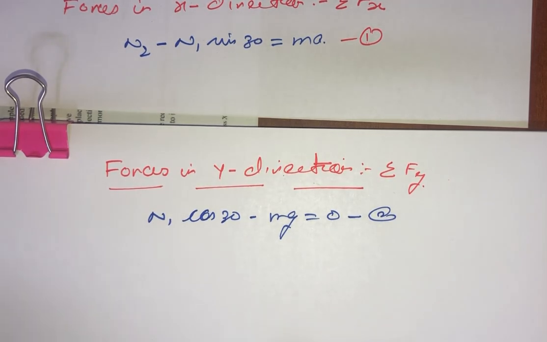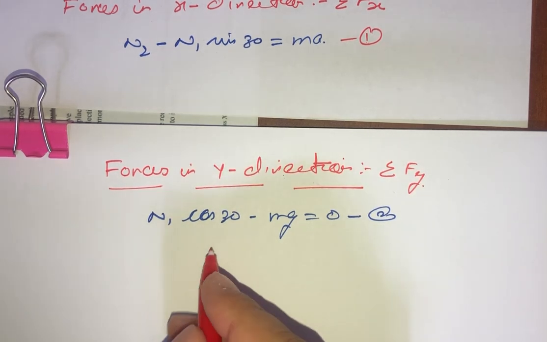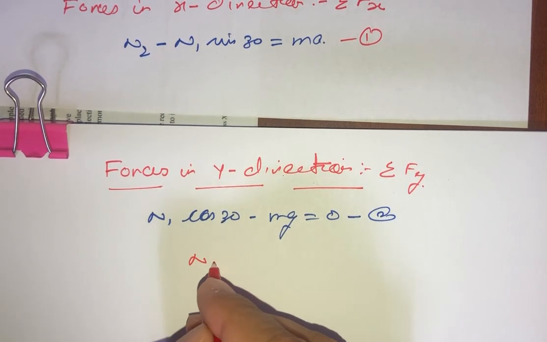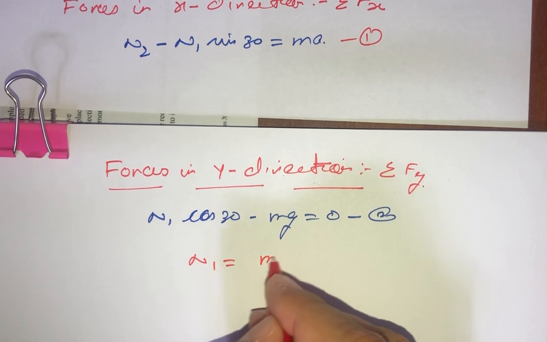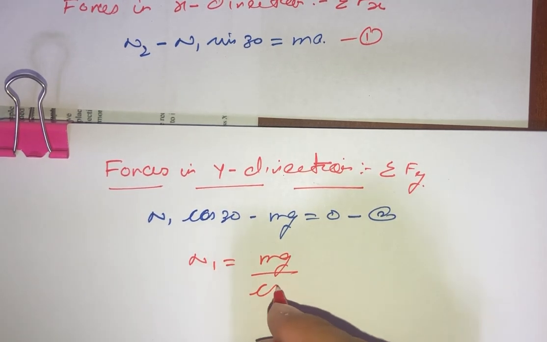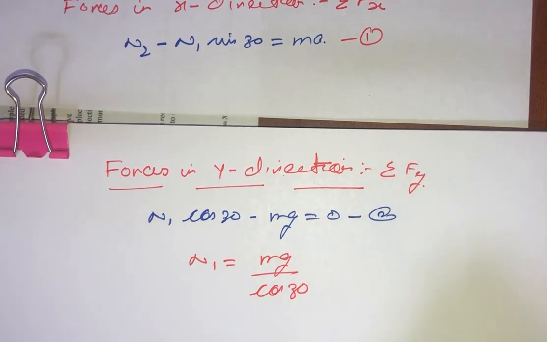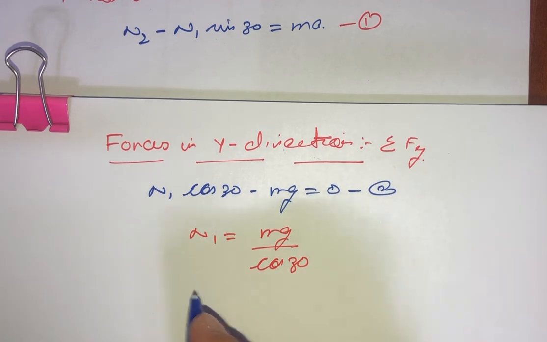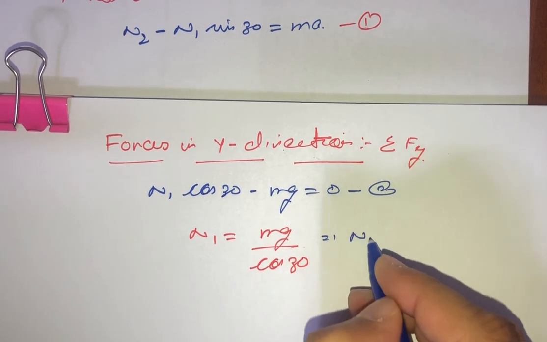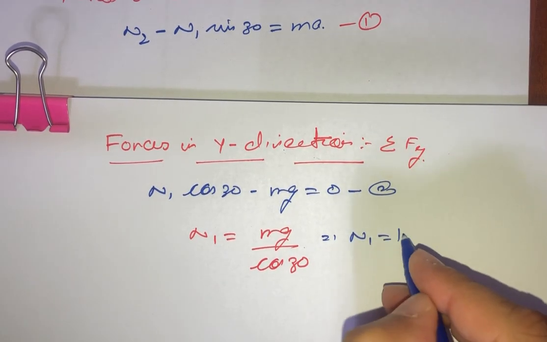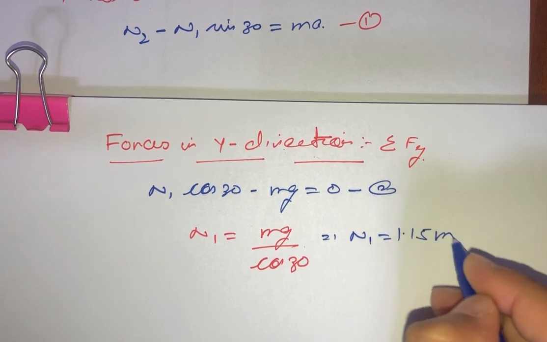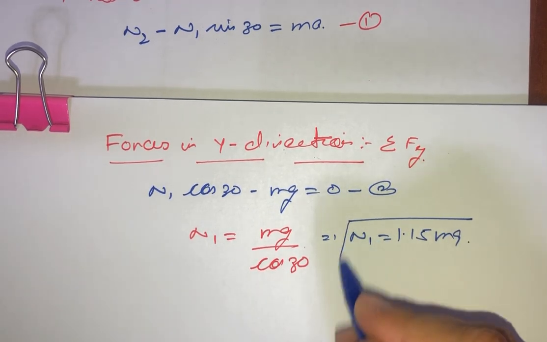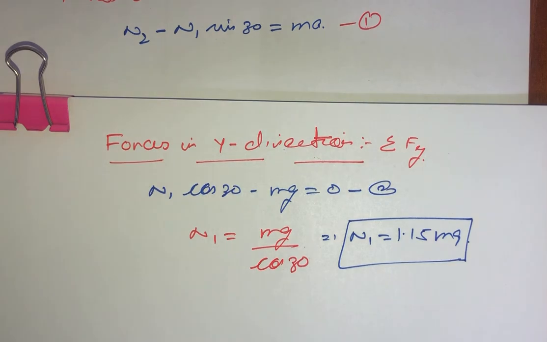So if we solve this further, N1 will be equal to mg divided by cos 30, and if we put the value of cos 30 and solve it, this will give us N1 as 1.15 mg. So this is the first force, that is normal N1.